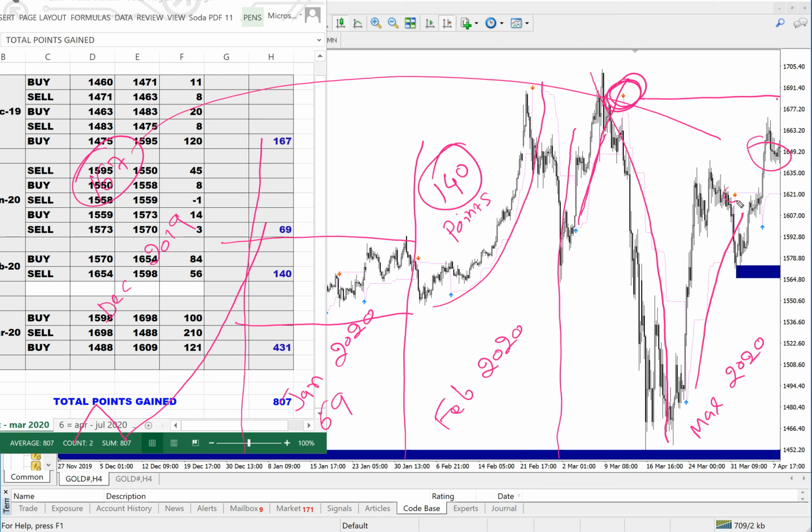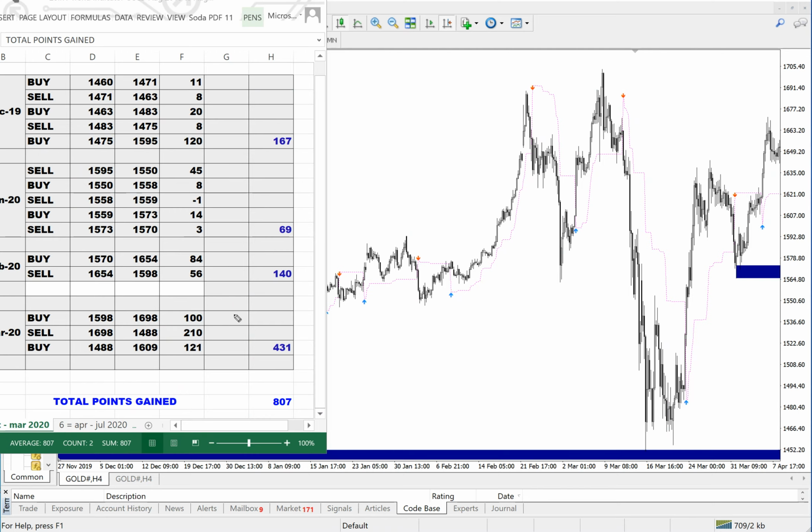You can check here, the exit was made here. So in just 3 entries we made 431 points of gain. You can check here, 431 points gain. This is the first entry, this is the second entry, and this is the third entry. So in just 3 entries the profit was 431 points.